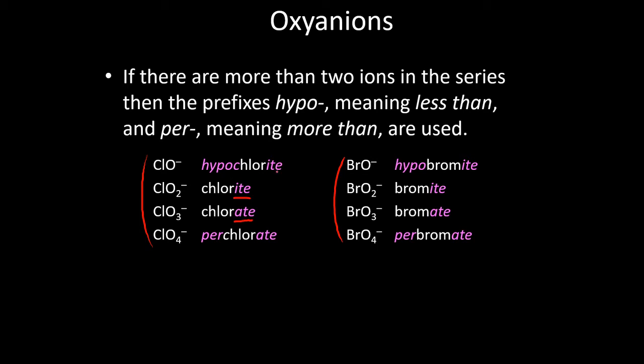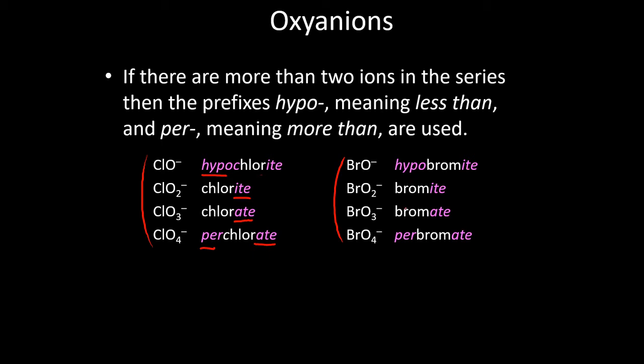So we still keep the ite and the ate for more or fewer oxygens. If we have the most number of oxygens, that would be perchlorate. And if you have the least number of oxygens, it would be hypo, and then in this case it's hypochlorite. But over here we have bromite. The key thing there is just that it ends in ite.